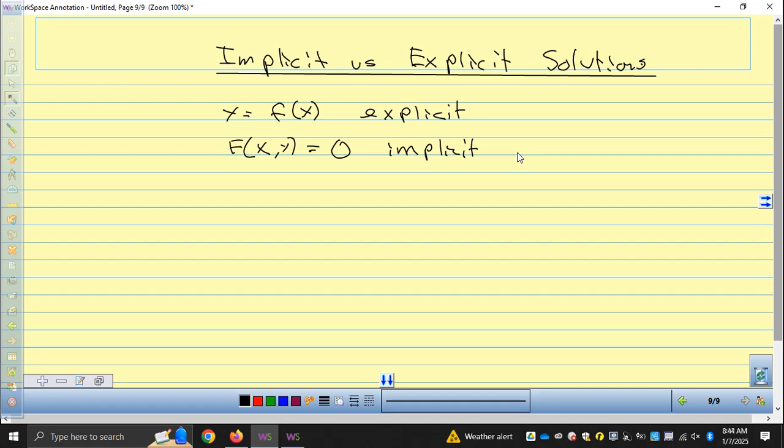In general, solving differential equations involves integration, and we get a constant of integration for each integral that we perform. So we say an nth order differential equation produces an n parameter family of solutions.